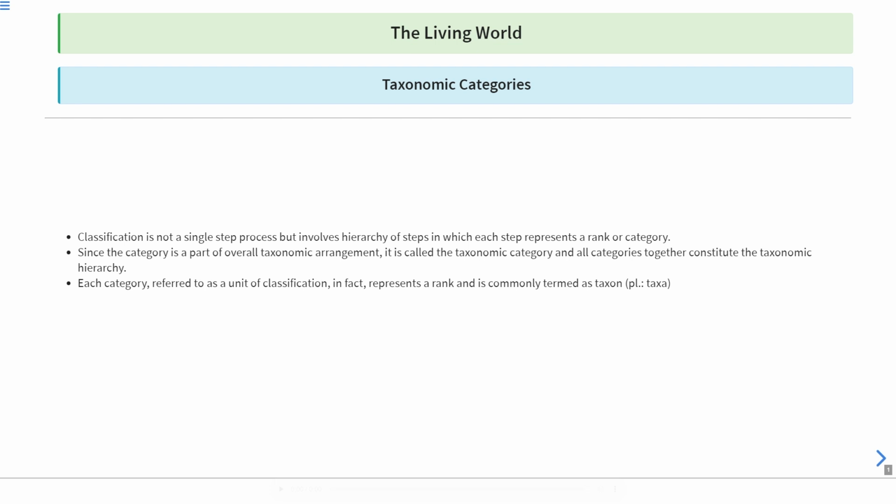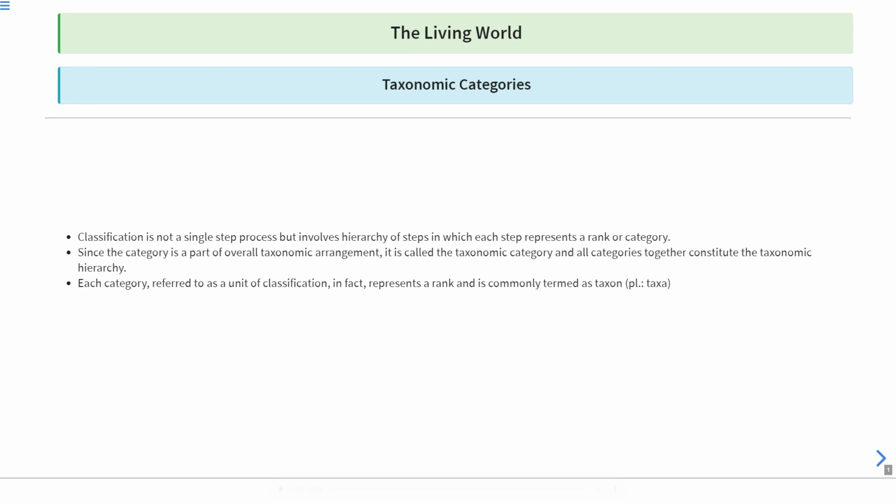Classification is not a single step process but involves a hierarchy of steps in which each step represents a rank or a category. Hierarchy means there is an order, from the very lowest level, then reaching the second level, third, fourth, fifth, sixth, and then the highest level.